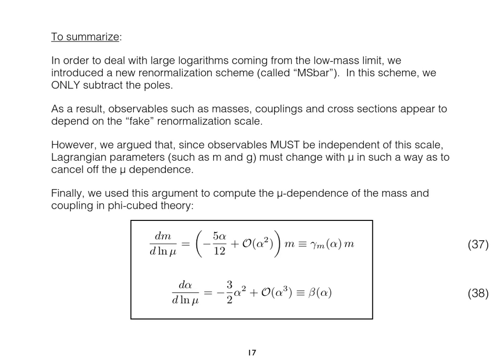And the consequence of that is that it's simple because you're just canceling off the poles, but you're not canceling off that fake normalization scale, that mu, right? And so how do you deal with that? Well, you deal with it by saying that anytime you compute an observable, it can't depend on an unphysical scale.